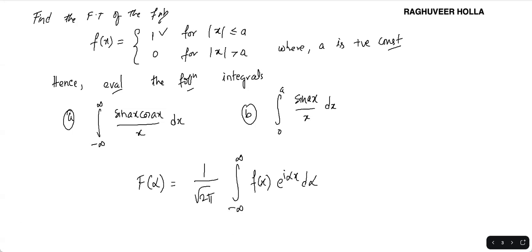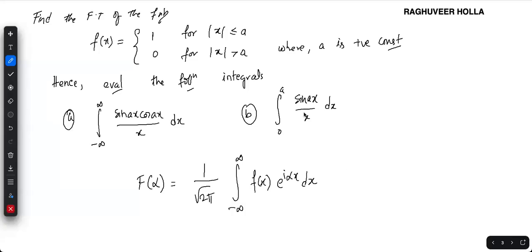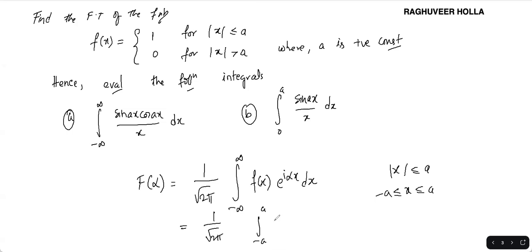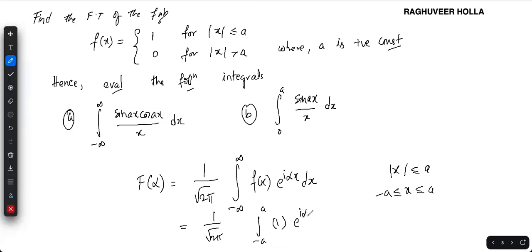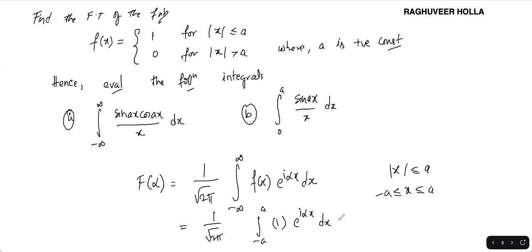Okay, so let us try to solve this. Here x is in between, mod of x is less than or equal to a, so x is from minus a to plus a. So this will be 1 by root 2 pi integral minus a to a f of x, which is 1, into e to the power of i alpha x dx. Right? So let us evaluate it.